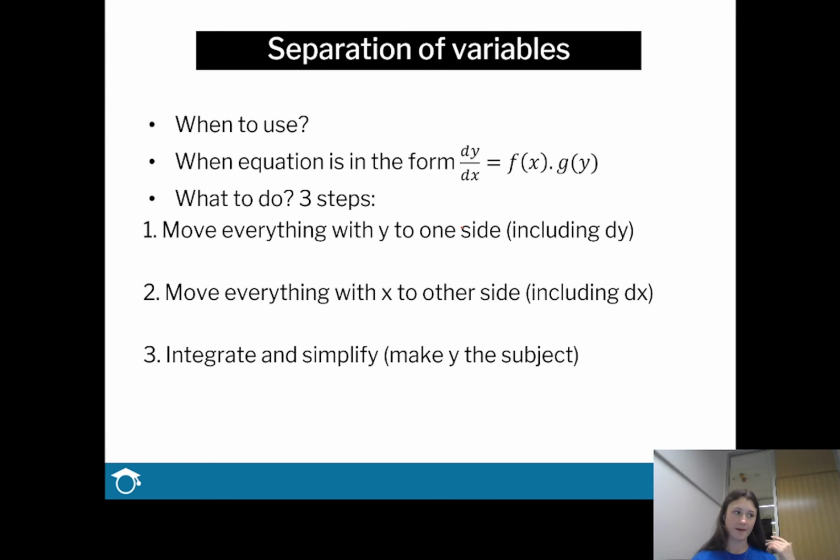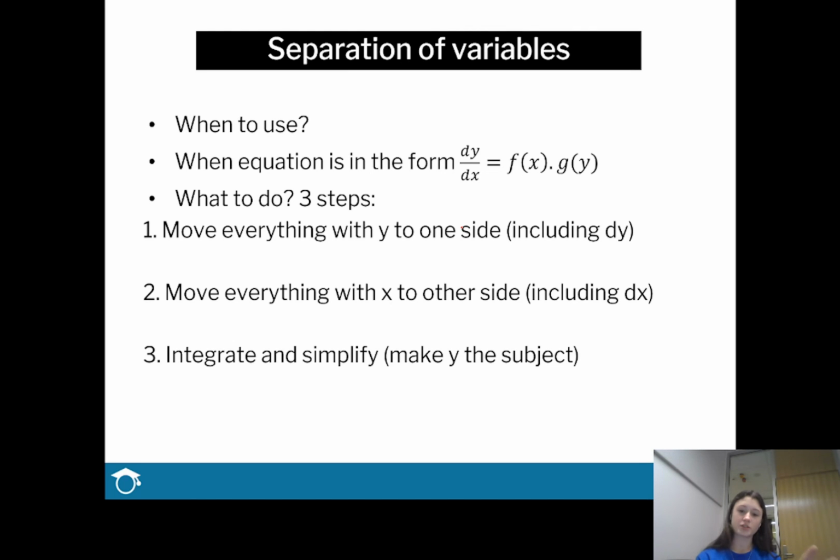So you might have only x in the top and y in the bottom, or maybe some function of x multiplied by some function of y, and you just need to get all of the y parts of the function and the dy on one side, and then all of the x parts and the dx on the other side, and then you're just going to integrate those. So one side is going to be integrated with respect to y, and the other side is going to be integrated with respect to x.